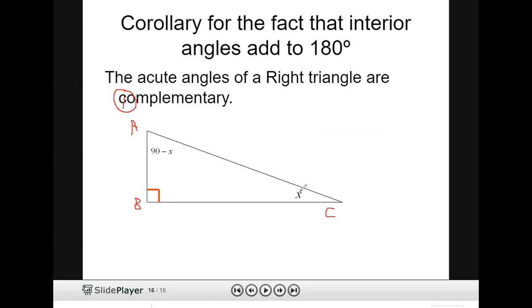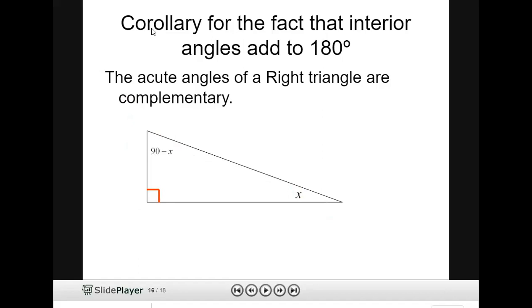Then the sum of those two equals 90. So if I say the first angle equals x, the second acute angle will be 90 minus x. If this one was 50, it will be 90 minus 50. If this one was 40, it will be 90 minus 40, and so on. This is how we can find the missing angle by using the first corollary.